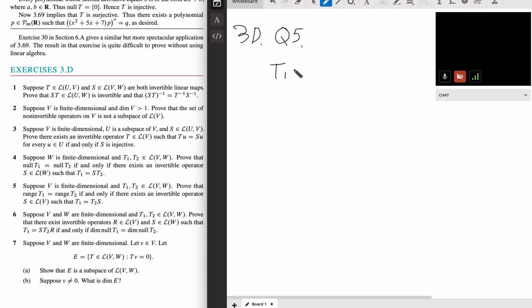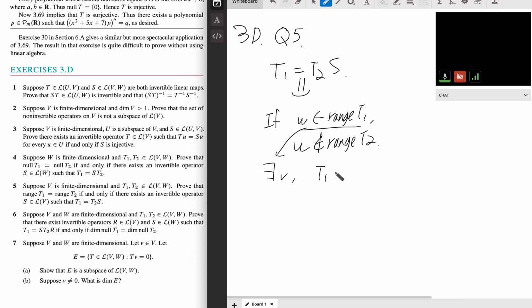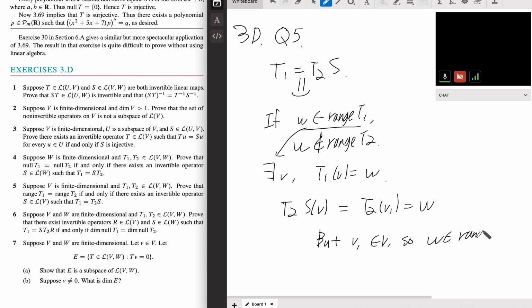If you have T1 is equal to T2S, then to show the range is much easier, because then you can just say, if there exists something inside the range of T1 but does not exist in the range of T2, let's say since it is in the range of T1, then there exists V such that T1 of V is equal to W. And then T2S of V is equal to T2 of V1 is equal to W. So in fact, W was inside the range of T2 this whole time.